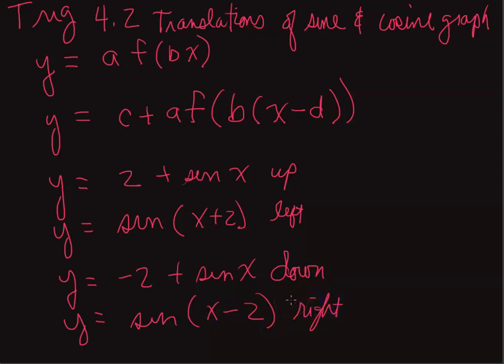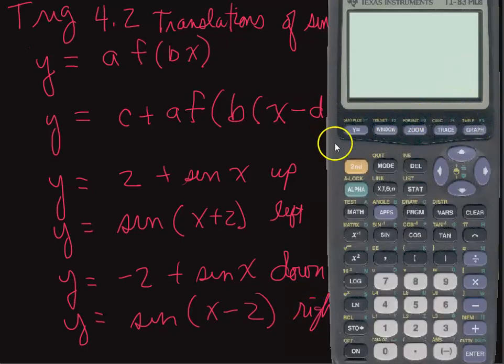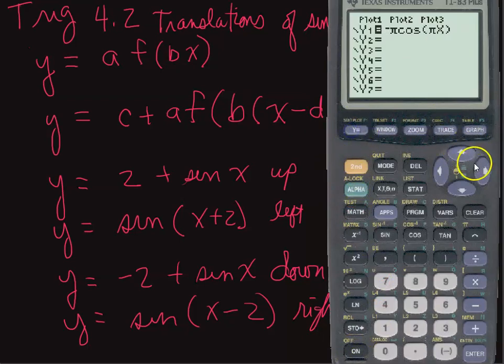Let's take a look at this using our calculator again. Turn it on. Let's go back to y equals. Clear out all this one at least. Now, we want 2 plus sine x.